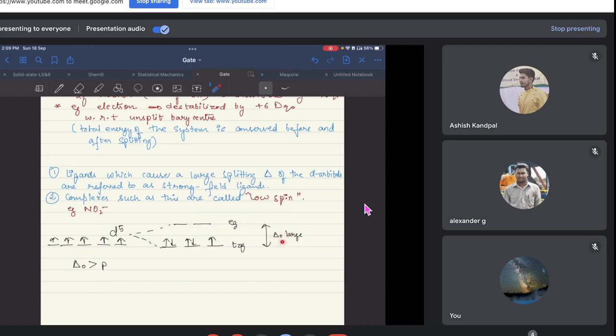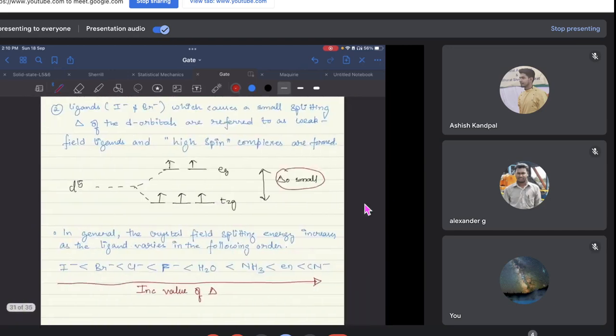So here the delta naught is very large, larger than the pairing energy P. So the electrons will get paired in the T2g itself, and this is denoted as a low spin complex.